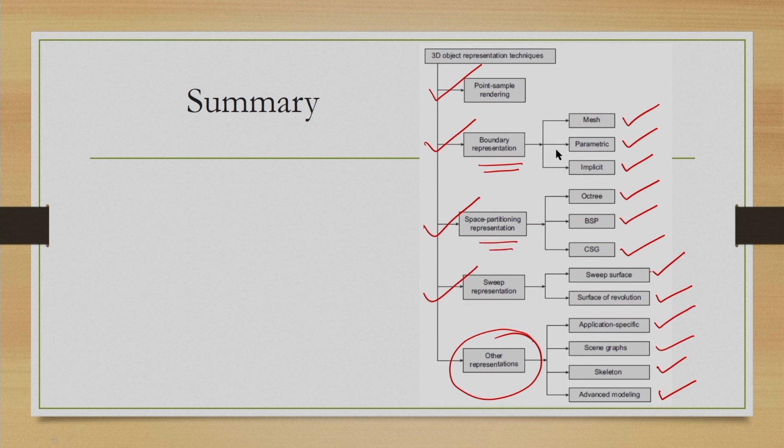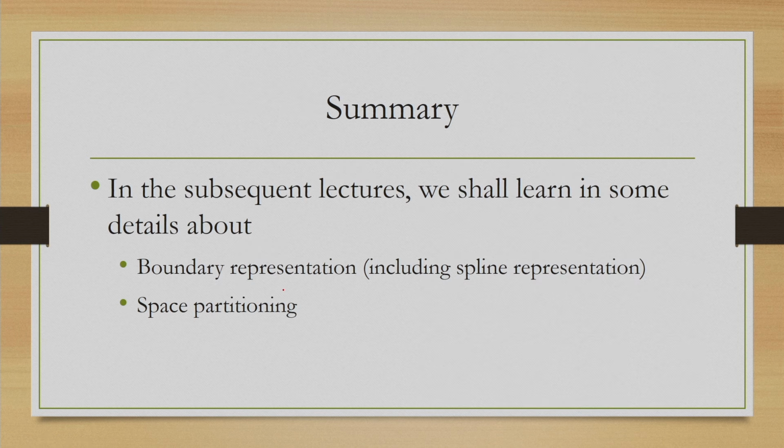In the boundary representation techniques, we will discuss all these 3 subcategories in some details, whereas in the space partitioning method we will discuss these 3 subcategories in some details. And in boundary representation we will learn about a specific representation technique, namely the spline representation, which is very popular in representing complex shapes in graphics.